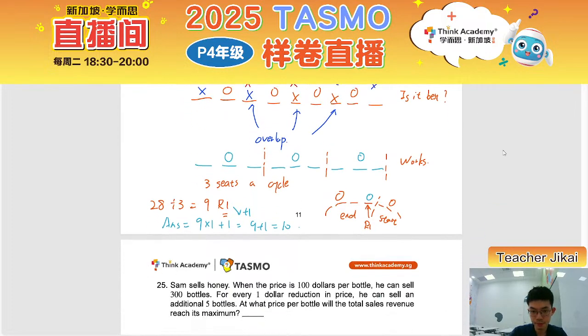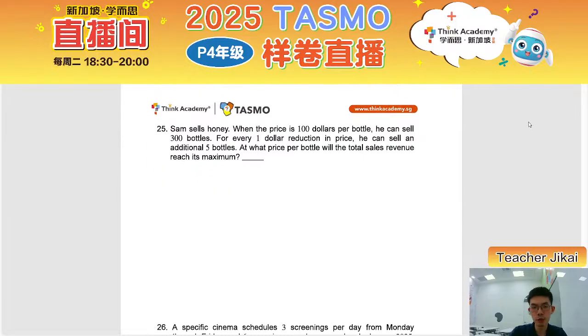Alright. Now question 25: Sam sells honey, and the price is so and so, and if he reduces the price, the sales get more. So it is an extreme value problem, something we have learned in a previous class, right? It is $100 per bottle, and every $1 reduction in price brings 5 more bottles.